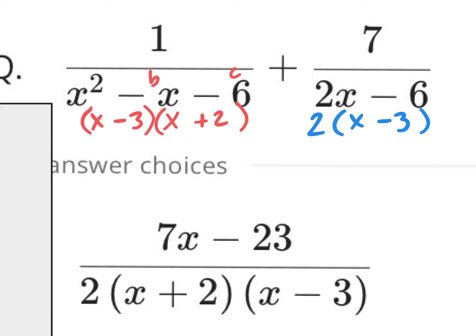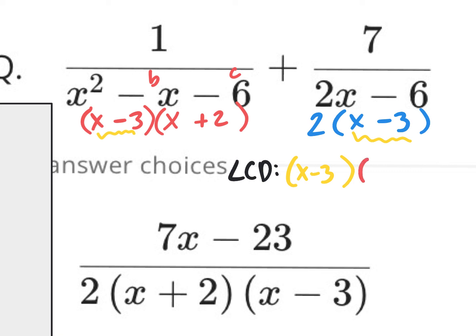Okay, so for the LCD, we're going to write down whatever repeats one time. So the x minus 3 and the x minus 3, that matches up in both denominators. So I write that one time, x minus 3, and then I bring down everything else in addition to that.